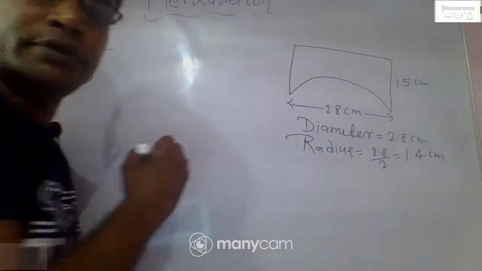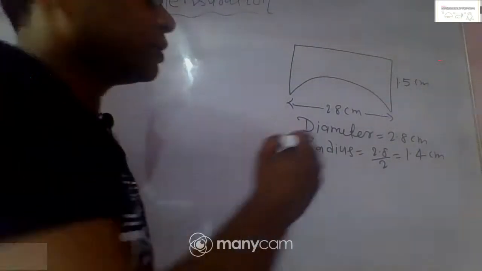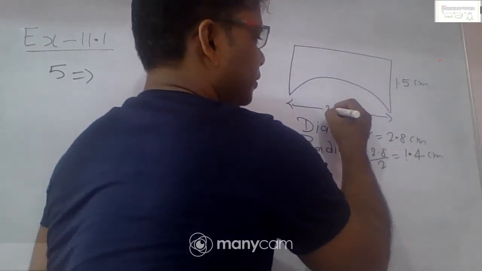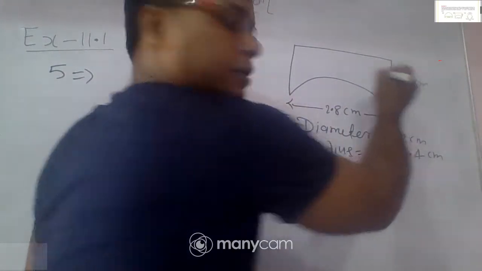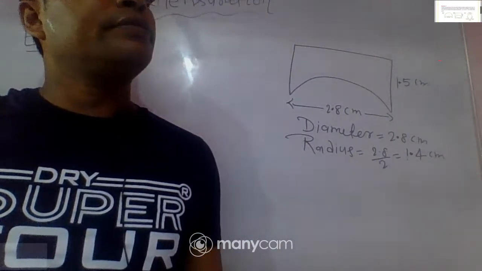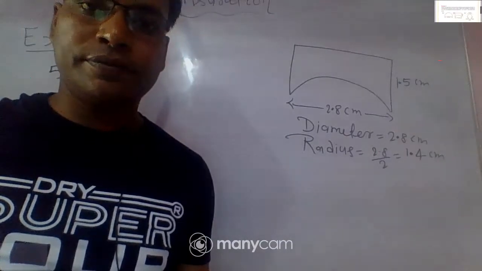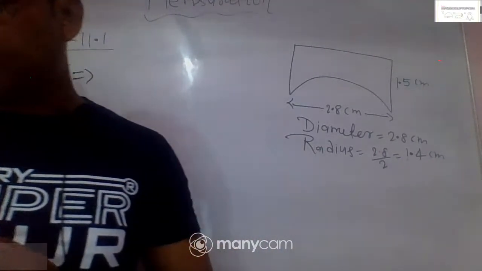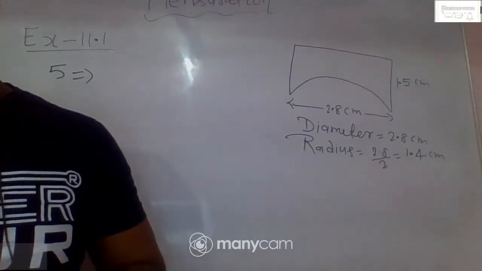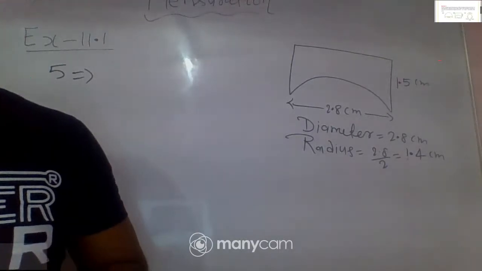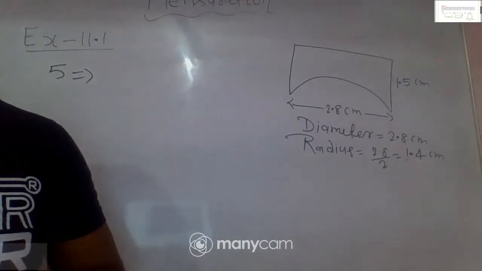Radius is 2.8 by 2, equal to 1.4 centimeters. Clear? So we find the perimeter, or distance covered by the ant.